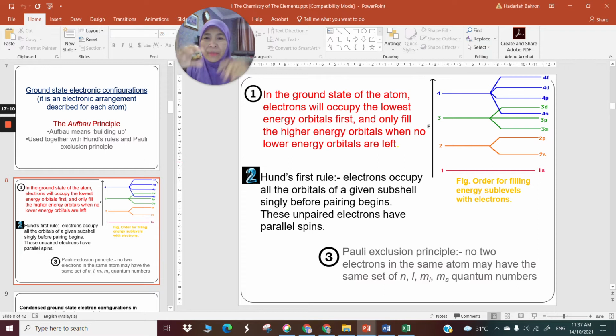So if you can imagine, this is the nucleus of your atom. And then on the first layer, or the first shell, you have s. So in comes an electron. The electron comes, oh, there is an empty orbital, so it goes into the first empty orbital. It goes to the s. So that is hydrogen.